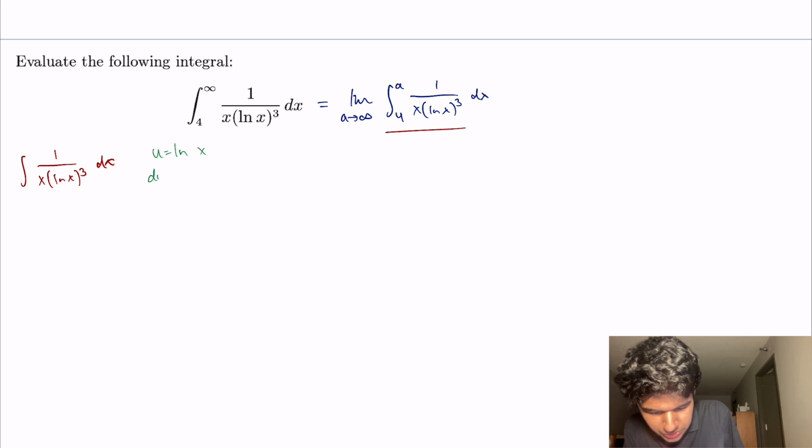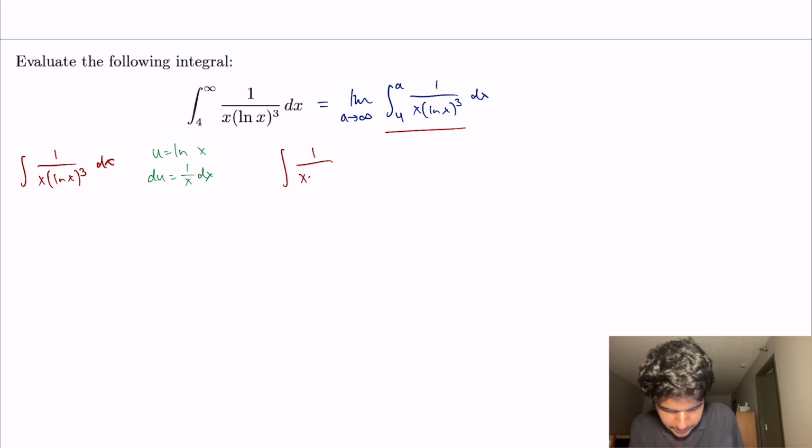That means du equals 1 over x dx. And now we can turn back to our integral and get the integral of 1 over x times u cubed times dx, which is now equal to x du, and we see that the x in the denominator cancels with the x with the du.